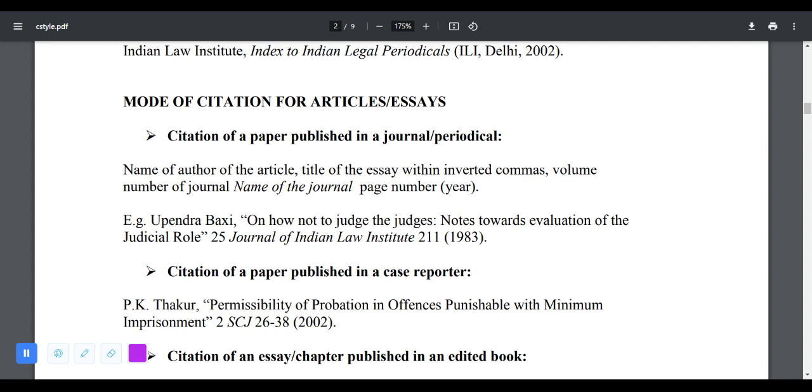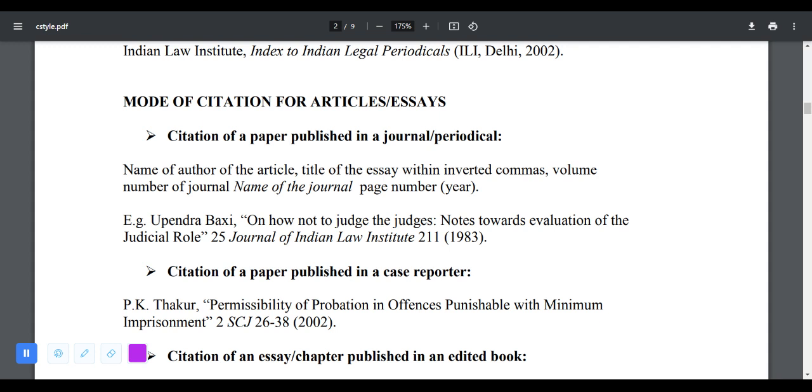there are thousands, lakhs of articles available on the portal, online, wherever you find articles. If you get some information and want to quote it in your article, this is the format you can use. If you are finding an article in a journal, this format will be used.